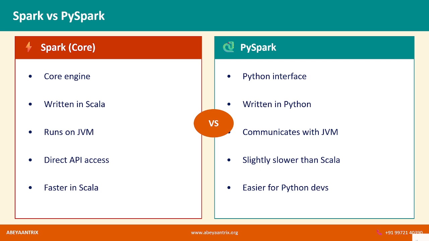If you are using Scala instead of PySpark, you have slightly faster processing. That difference is very small, negligible, but there is a difference in processing. Spark is faster in Scala, and PySpark is easier for Python developers. These are the differences.